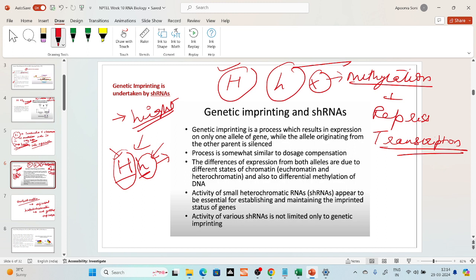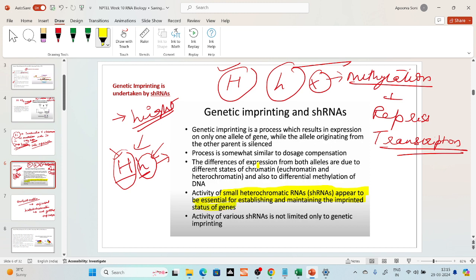Now, genetic imprinting is helped or undertaken by a class of RNAs which are known as small heterochromatic RNAs or shRNAs. What are they? They appear to be essential for establishing and maintaining the imprinted status of the gene.